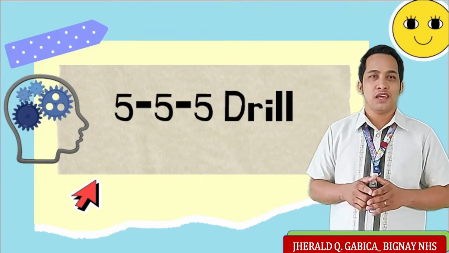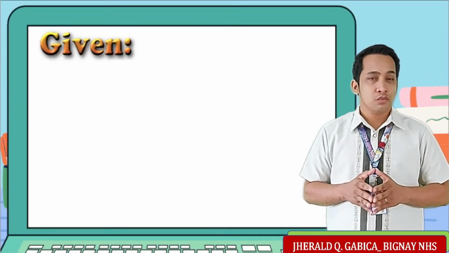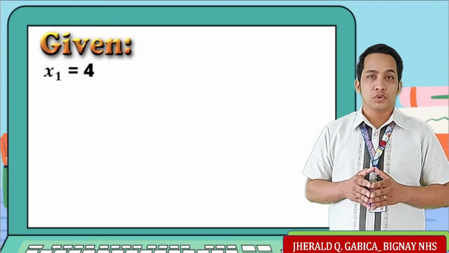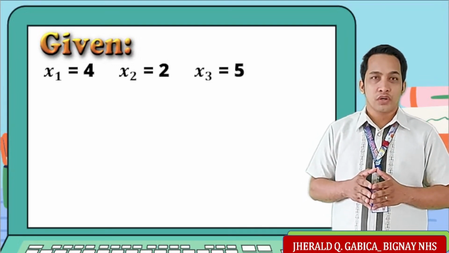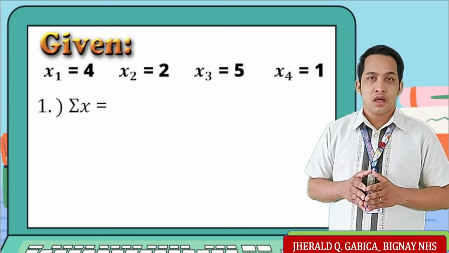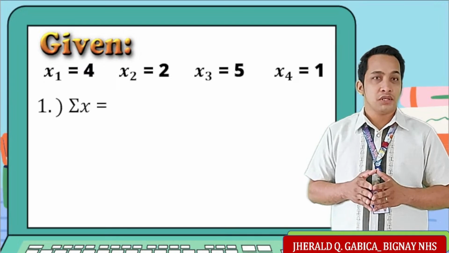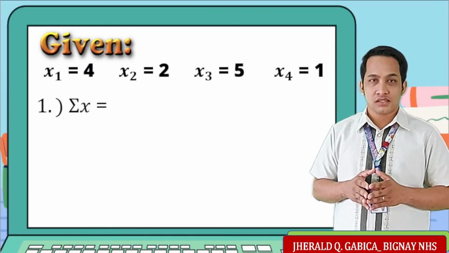Ready? Let's begin. Number 1, given x sub 1 is equal to 4, x sub 2 is equal to 2, x sub 3 is equal to 5, and x sub 4 is equal to 1, find summation of x. Remember that uppercase sigma means summation or sum of x values. You have 5 seconds.